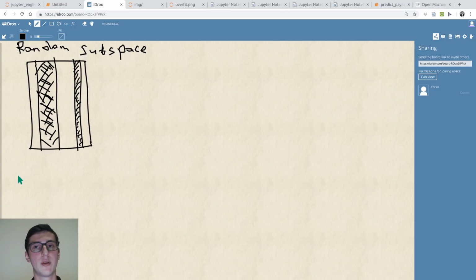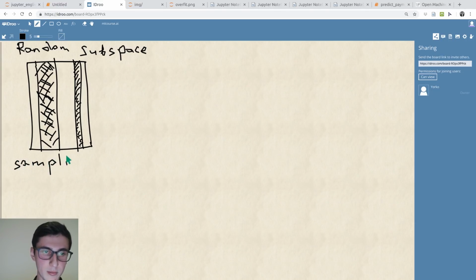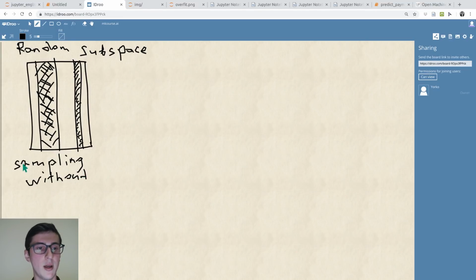So at each iteration, we replaced our ball in this bag. But here we'll take sampling without replacement. That means if we picked some feature, then we throw it away and then pick a second feature and so on.